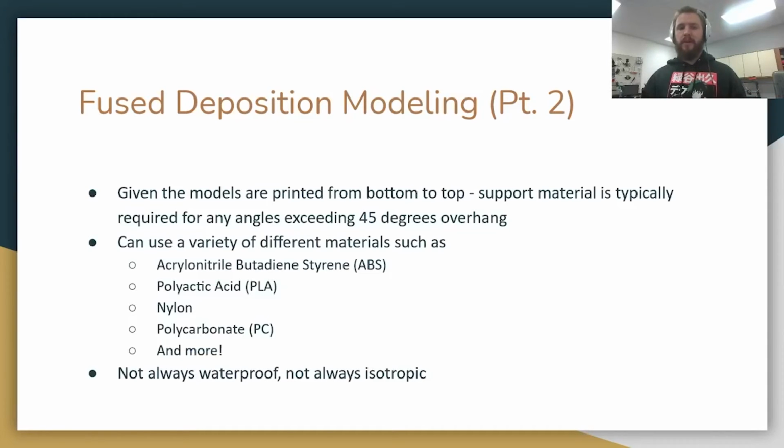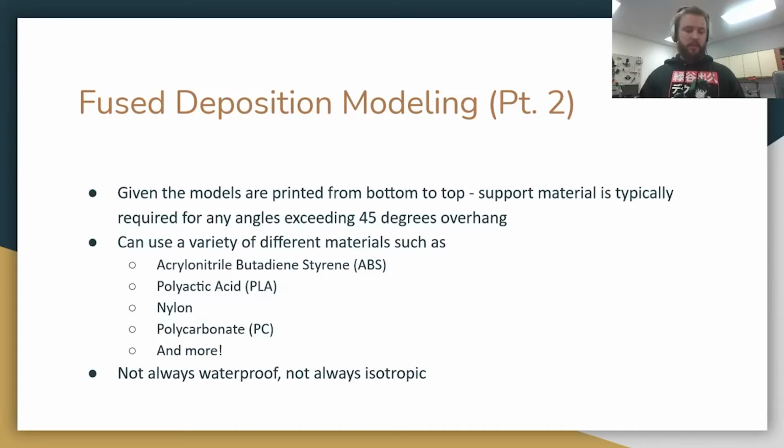Two more notes about fused deposition modeling, and then I swear I'll shut up about it. It's not always waterproof. So this thing right here, although it looks like a boat, I'm not sure how well it'll float. The reasoning for that is because it's built from the bottom up, it's not sealed between the layers. It is fused, but that doesn't mean that it is 100% waterproof between those layers of filament.